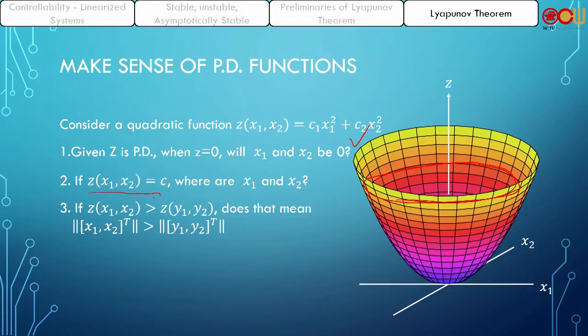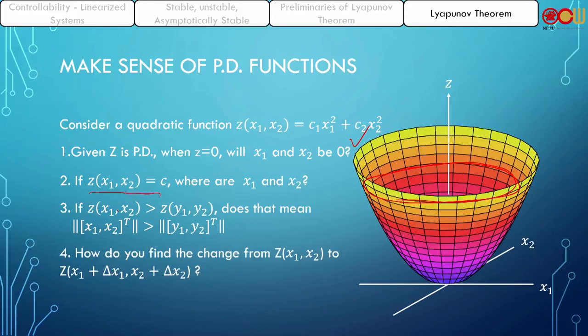Next. This is the question I just showed you: given an x and y on different level sets, if the x level value is greater than y, the term implies its distance to the origin is greater than y. Okay? Another key point is if after a delta x and a delta y, after the state changes from x1 to x1 plus delta x, how do you know, given the dynamics, the change of the z value?